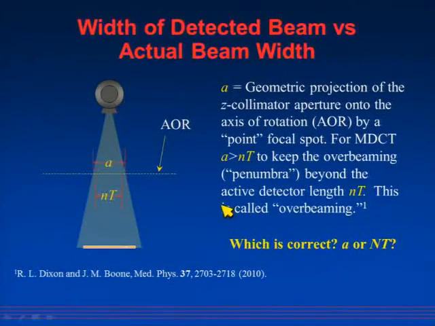Now, one thing that's a little bit subtle, but most of you are aware of this, is that the width of a detected beam is a little bit less than the actual beam width. And this makes perfect sense. If you tried to collimate the beam to exactly fit the detectors, there's got to be some vibration in these beautifully engineered machines.